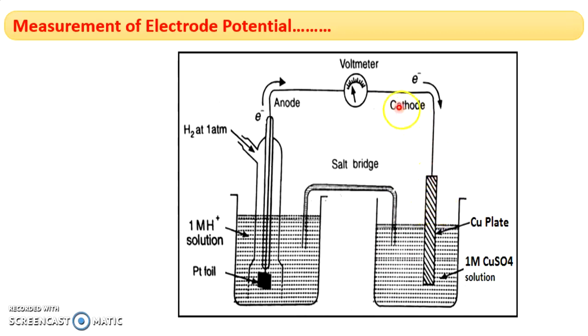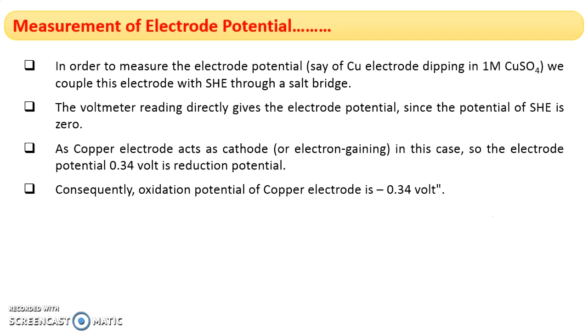So the potential difference given by the voltmeter is the reduction potential of the sample electrode. So 0.34 volts is the reduction potential of the copper electrode. If you want to find the oxidation potential, we have to change the sign, so the oxidation potential of the copper electrode is minus 0.34 volts.